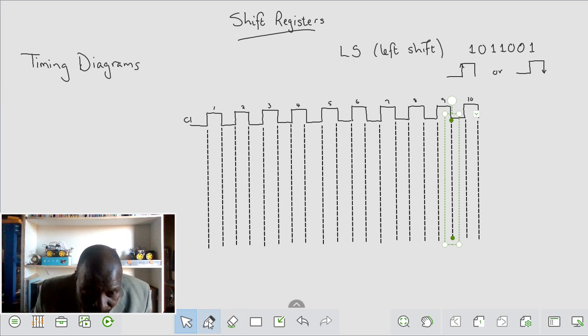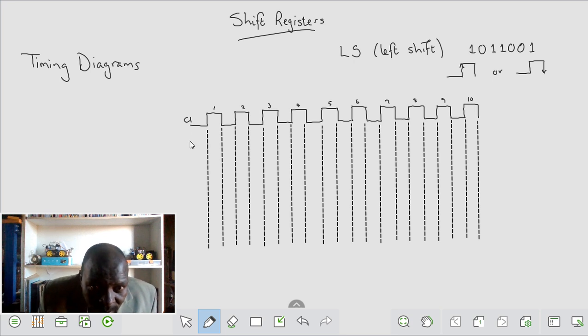But anyway, let's suppose now we want to have our data. My input is given as, now I'm shifting left. If I'm shifting left, obviously I am going from right to left. So this is my MSD.